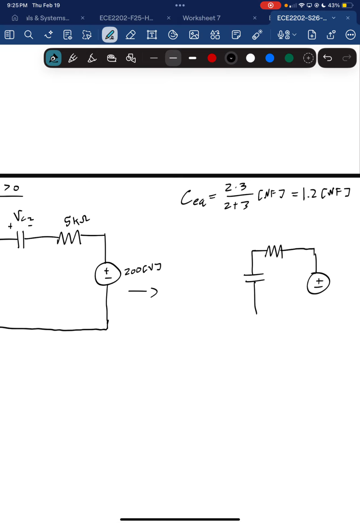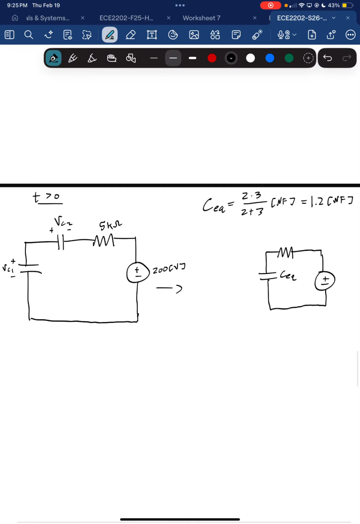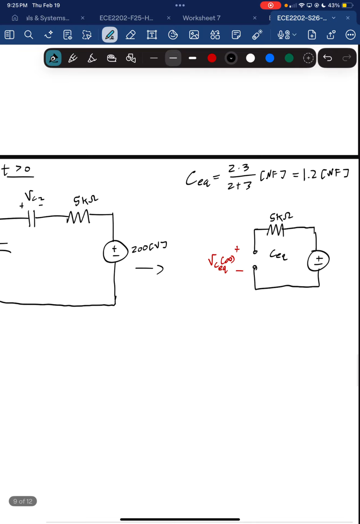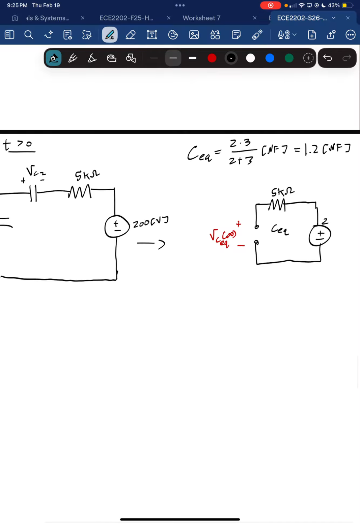Right, so this is our new capacitor. And now we can convert this to an open circuit and solve for VC equivalent of infinity. We're going to convert it to open circuit, steady state, and this is still 200 volts.